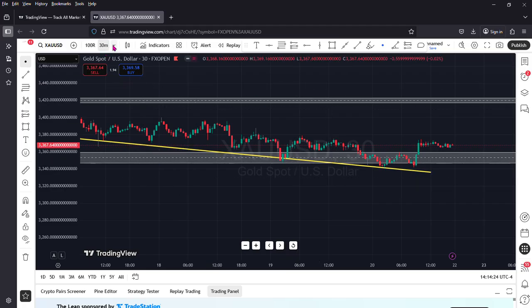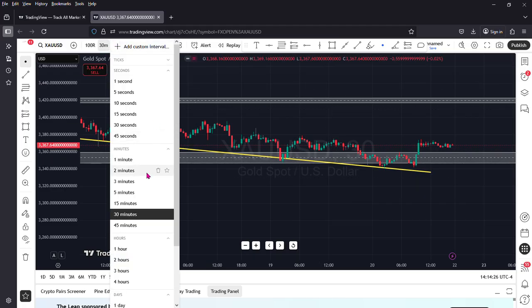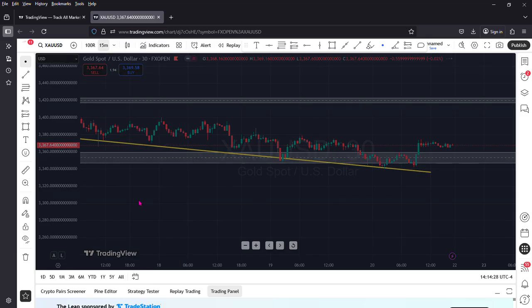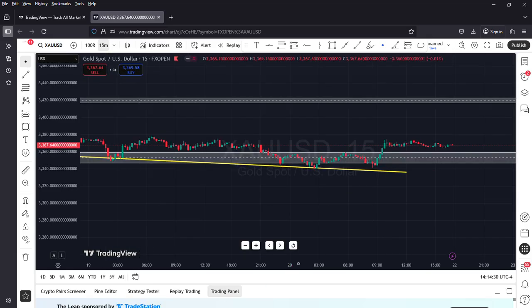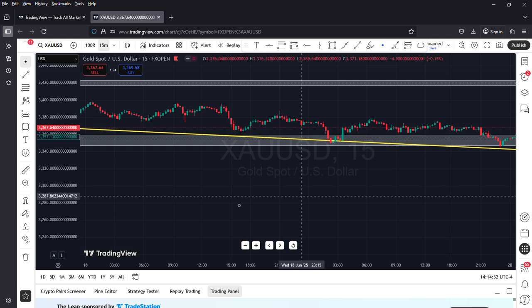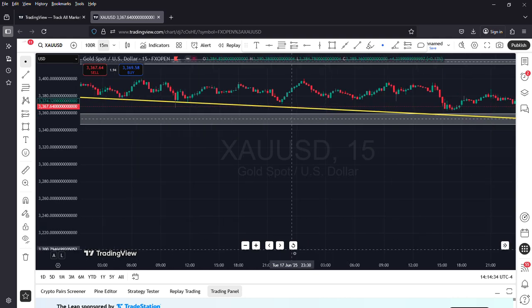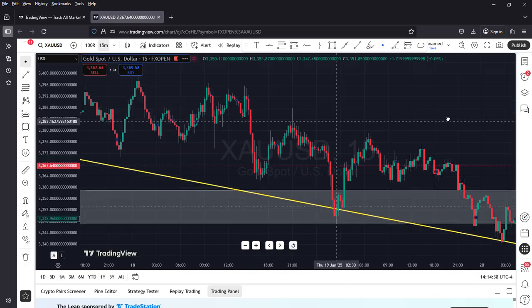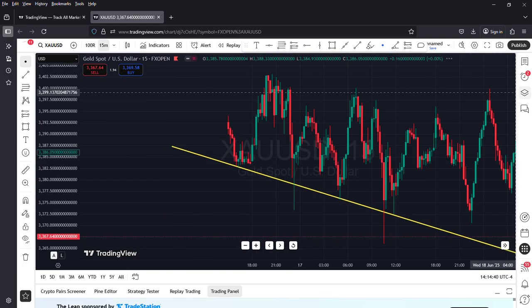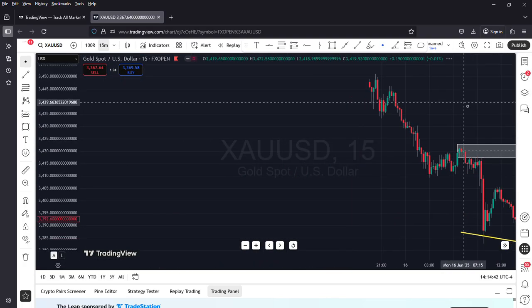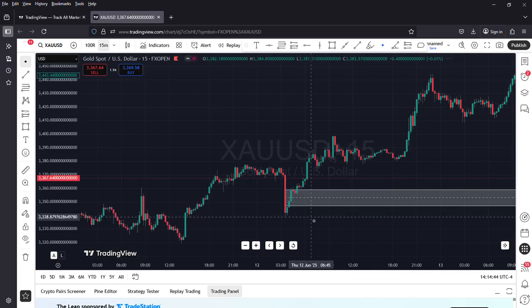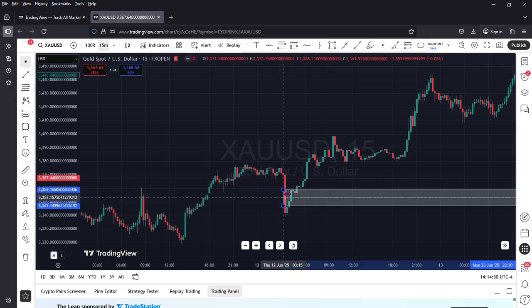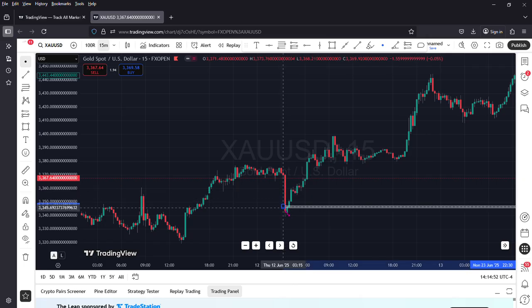So the area in which we are going down is 15 minutes. Now, in 15 minutes, we find out this is the area in which the order block was present.